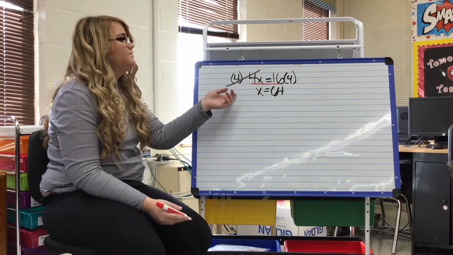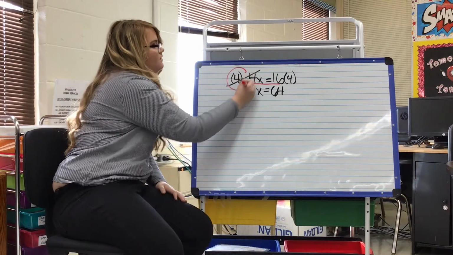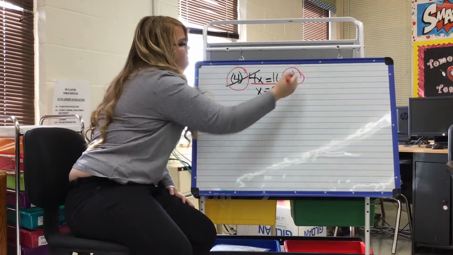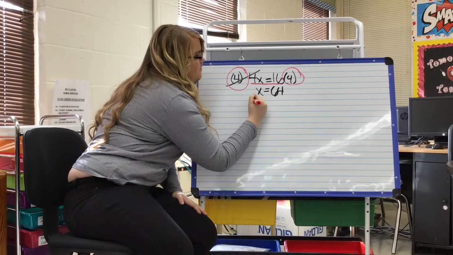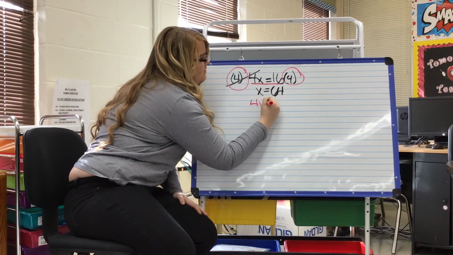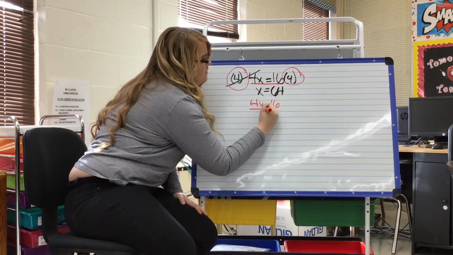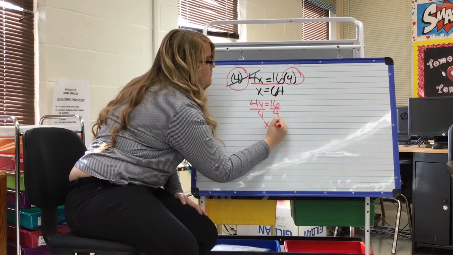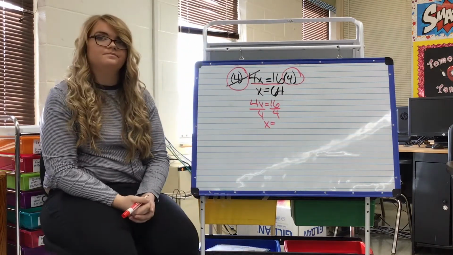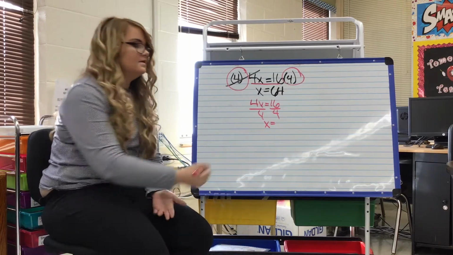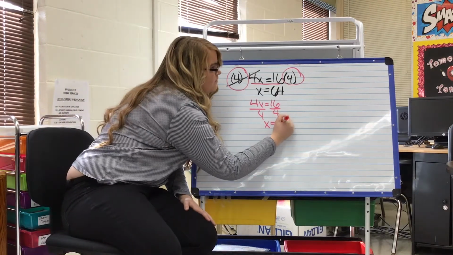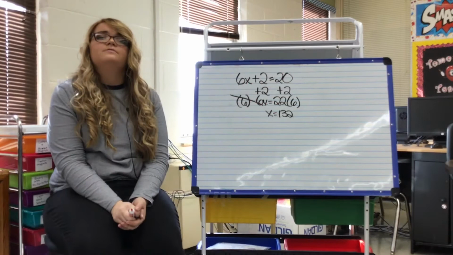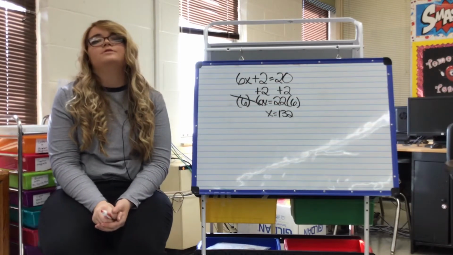Well, I multiplied it by 4. And I was supposed to divide. So it was supposed to be 4x equals 16. Supposed to divide by 4. And then, what should my answer be? The answer is 4.